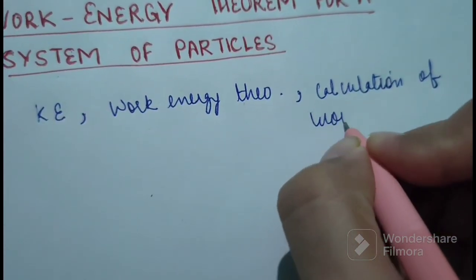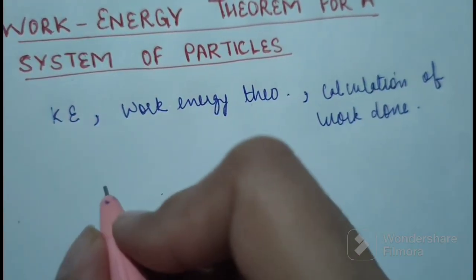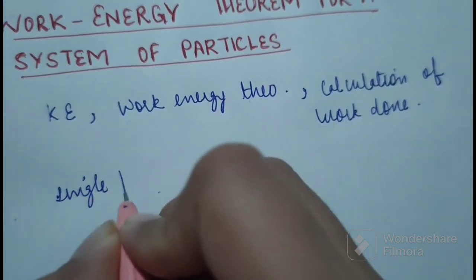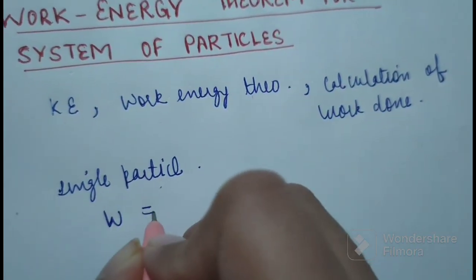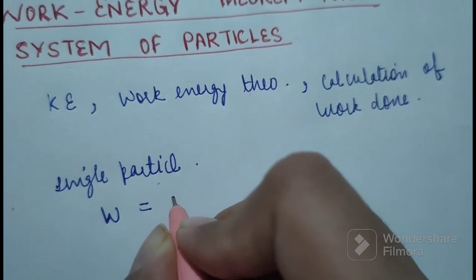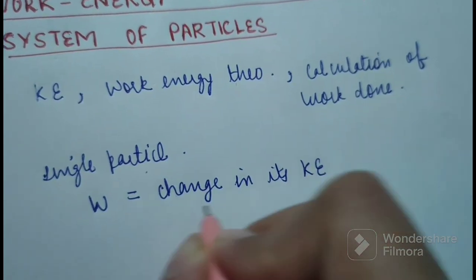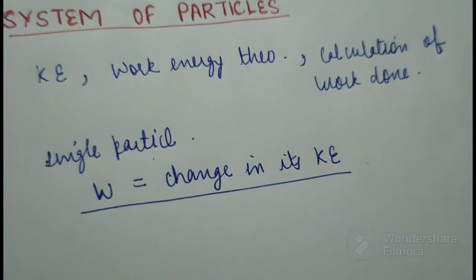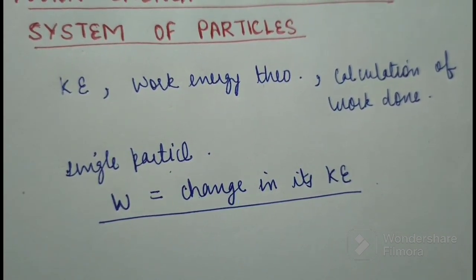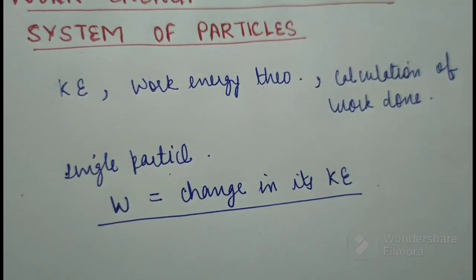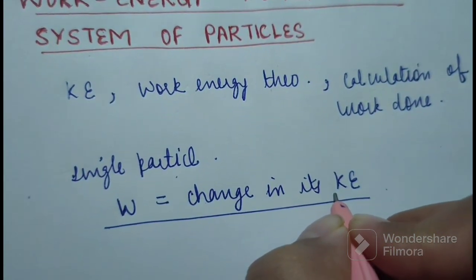In all these topics we have considered the work done on a single particle, where the total work done is equal to the change in its kinetic energy. इसका क्या मतलब हुआ that we have to apply a force on it and the force must do work on it. In that case only there will be change in its kinetic energy.